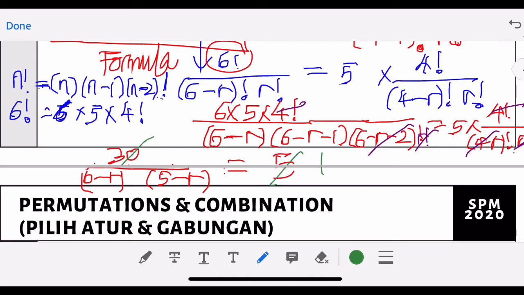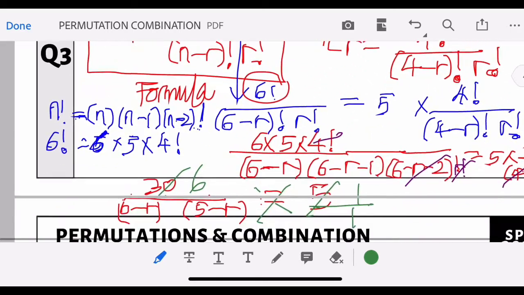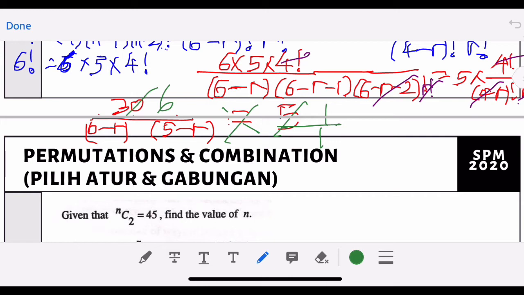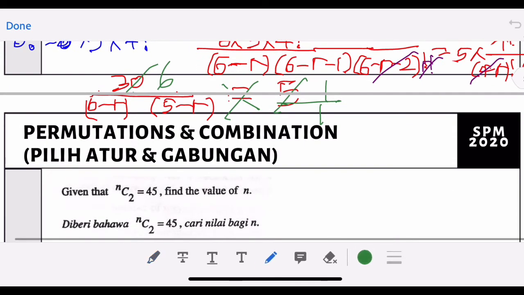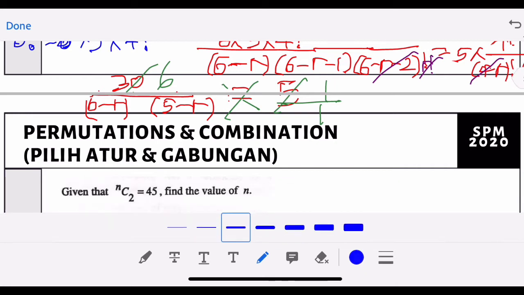So later I will simplify: 5, 1, 5, 6, 30. Okay, cross multiply. The equation looks very simple now, so I can just cross multiply, then expand and solve for the r value, right?